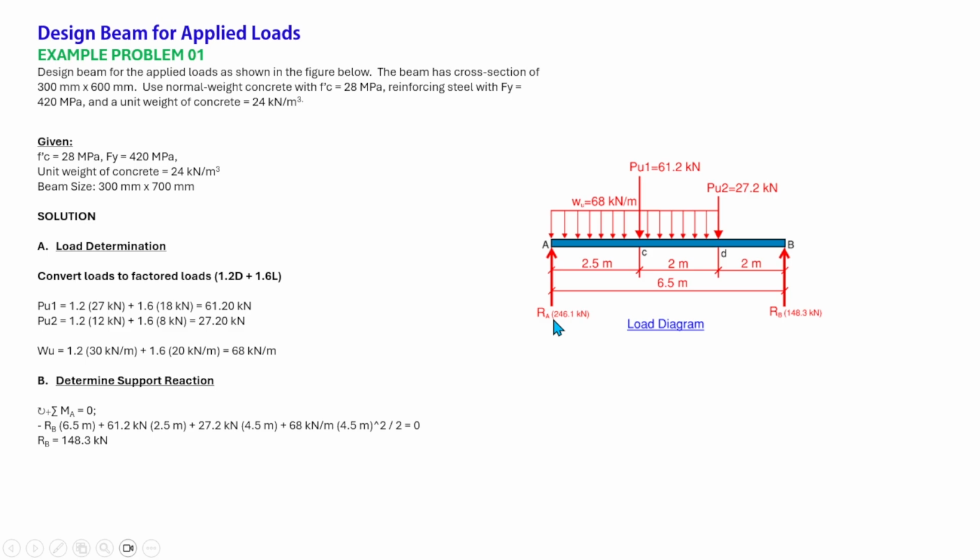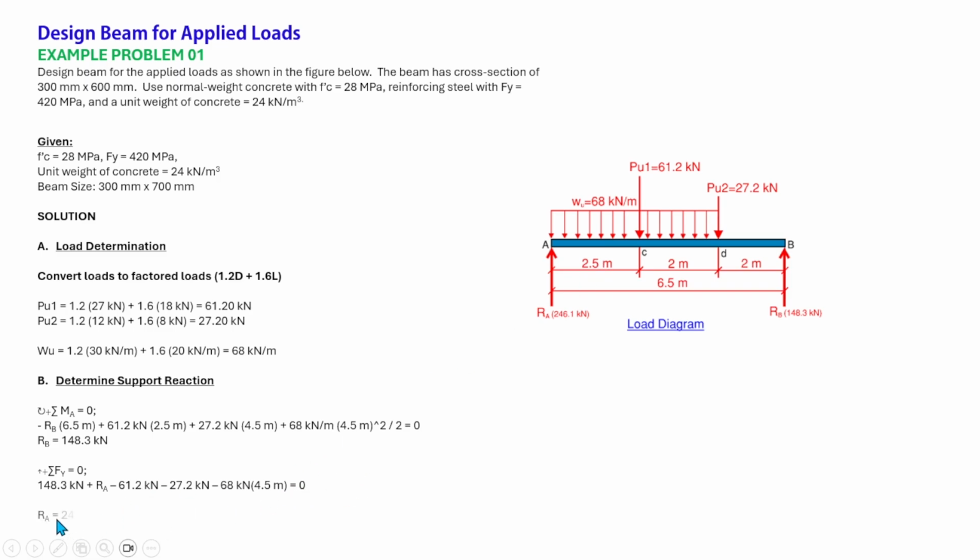So we have determined RB, so now we can determine RA by summing up forces, positive upward, equal to 0. So that is 148.3, the reaction from point B, plus RA minus 61.2 kilonewtons because it is downward, so negative, minus 27.2 downward negative, minus 68 uniformly distributed load times 4.5, negative, equal to 0.